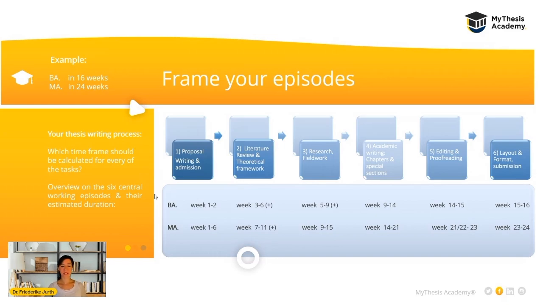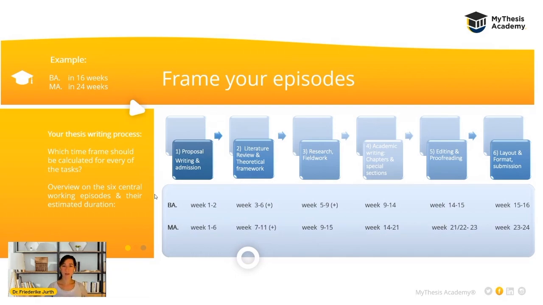Then, more or less at the halfway point, maybe a little bit earlier, so from the 9th till the 14th week, or in the case of the master thesis, from the 14th to the 21st week, I would suggest that you start with the academic writing, so with the setup of your chapters and also the special sections.